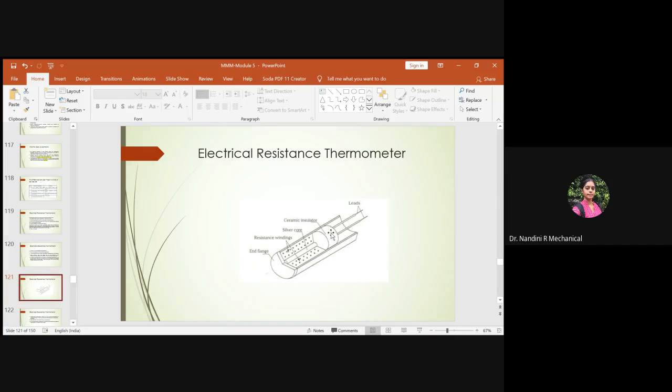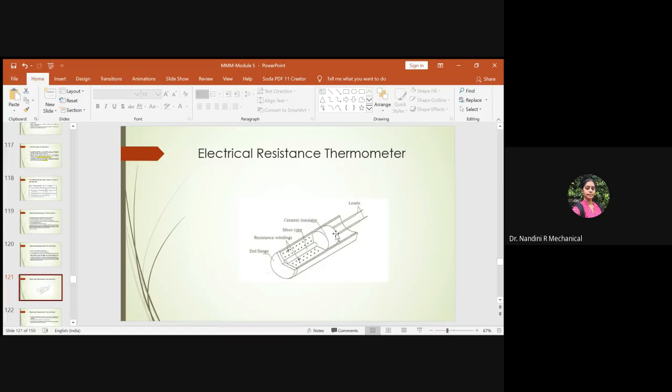The ceramic insulator is later connected to the lead wires, which are connected to the circuit needed to get the readings of the thermometer. This is entirely housed by a flange. This is the end of the flange and this is the beginning of the flange.